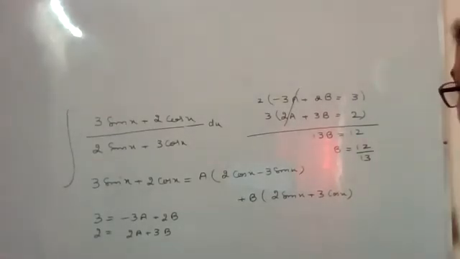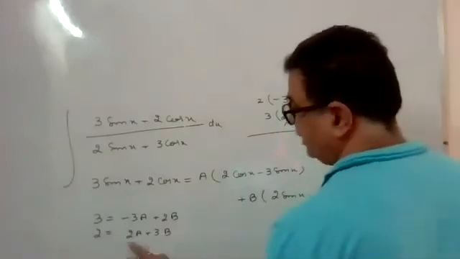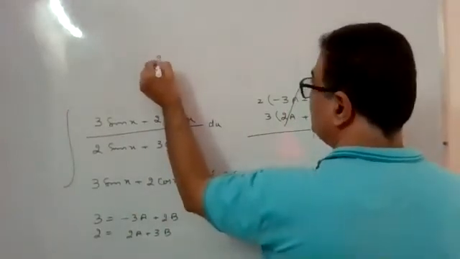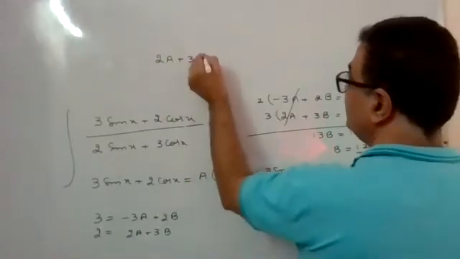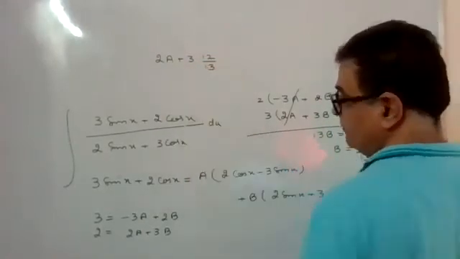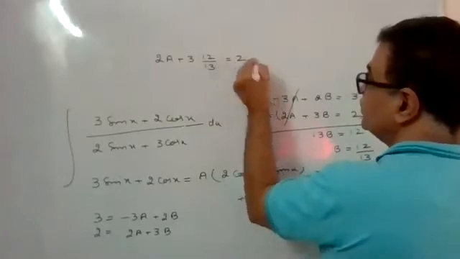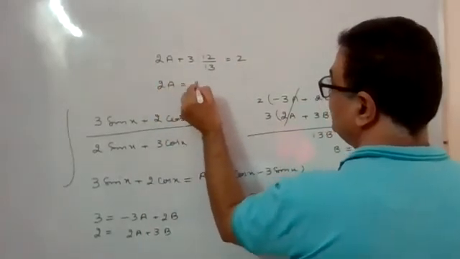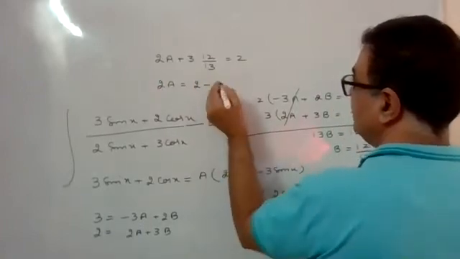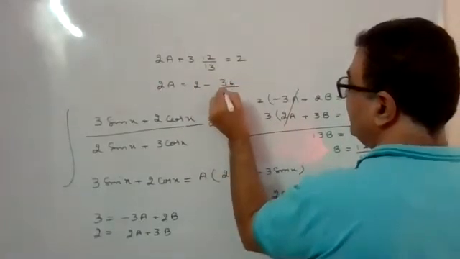Since b is 12 by 13, we calculate a now. So 2a plus thrice of b, b means 12 by 13, is 2. Or I should say 2a will be 2 minus 12 threes are 36 by 13.